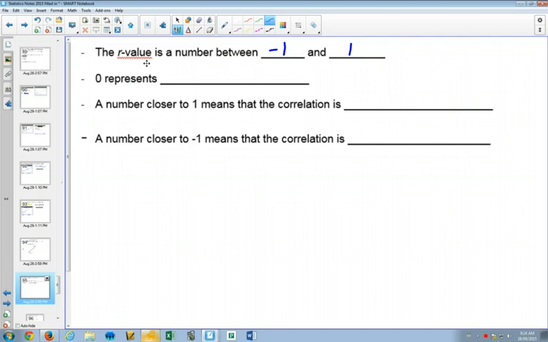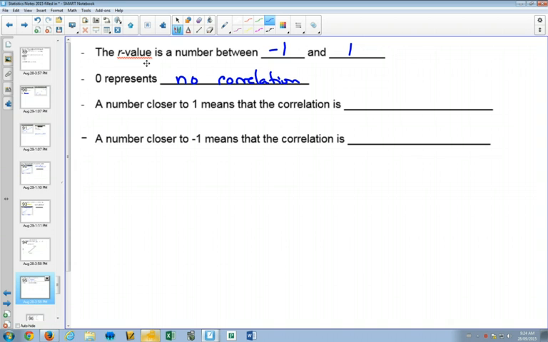If you get an R value of 0, that means that there is no correlation at all. Your scatter plots are all over the place, and it can't make a line of best fit.